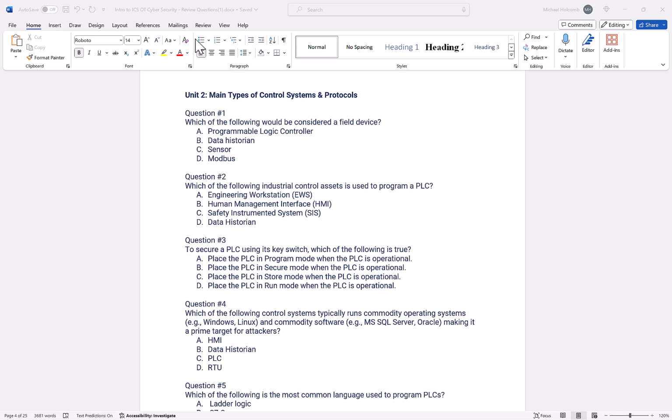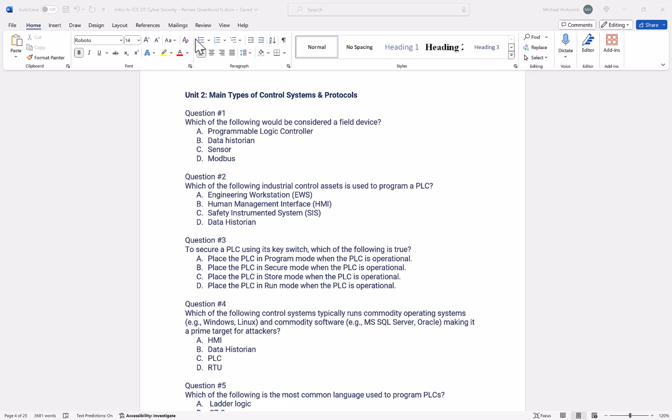Remember, the HMI is where we have a picture of the actual process of the systems, and you'll be able to get information and alerts, and it has buttons that we can press to turn things on or off or make things go faster or slower, to make changes to the processes.